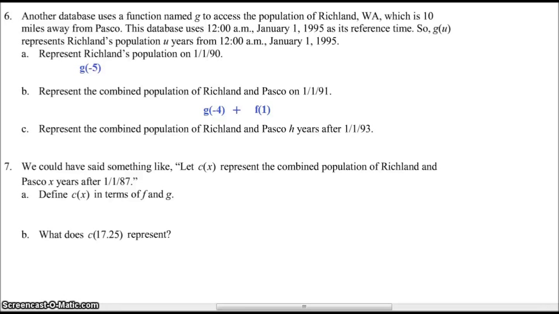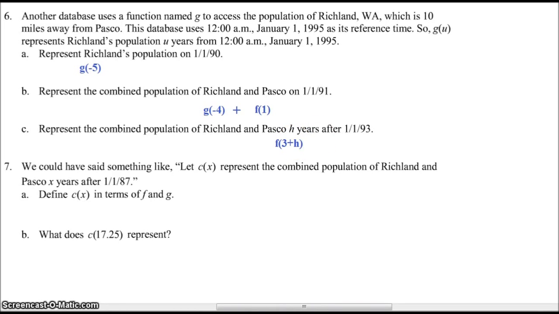Part C, represent the combined population of Richland and Pasco h years after the 1st of January, 1993. So with Pasco, h years after 1993, well, 1993 is already 3 years after our reference point. So we can represent the population h years after 1993 as f of h plus 3 for Pasco.